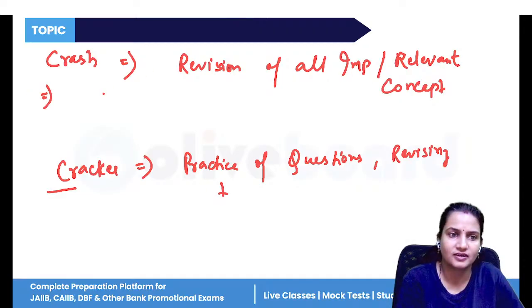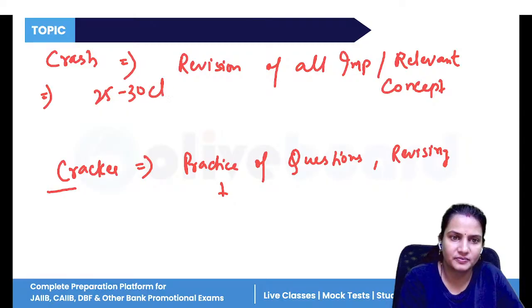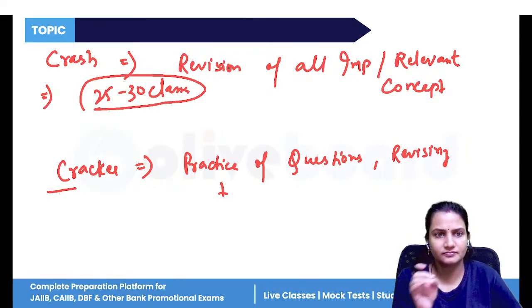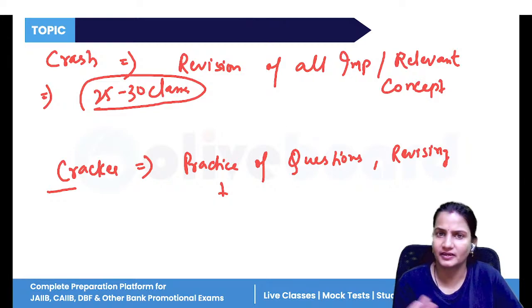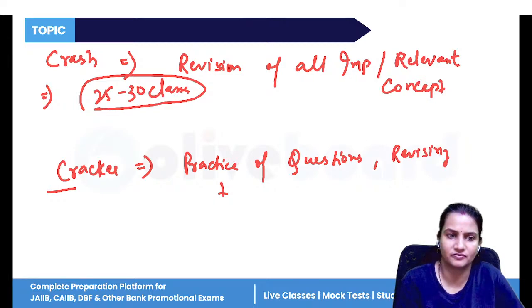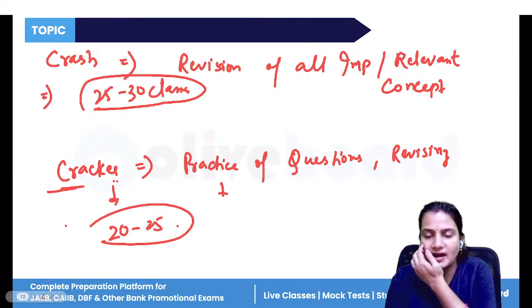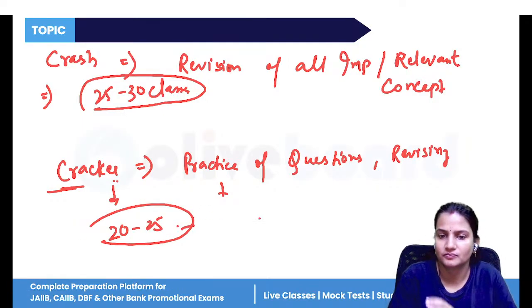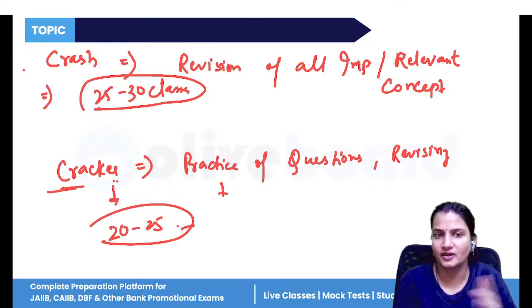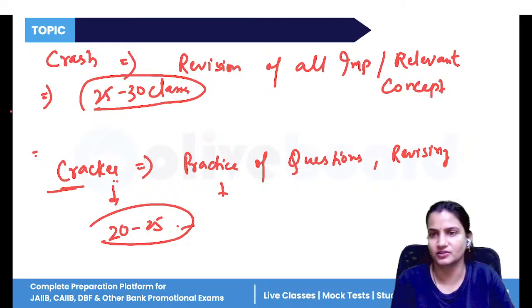In crash, around 25 to 30 classes will be there, and in these classes we'll try to revise our whole paper, either ABM, ABFM, BRBL or BFM. In cracker batch, again around 20 to 25 classes will be scheduled for your MCQs, for practicing your questions. In these classes, we are completing our whole syllabus once again. Already we have completed it; this is the second time we are revising and practicing questions.